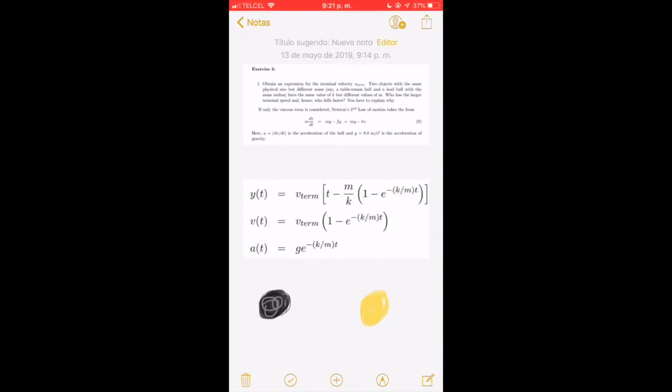So, if we plug values into the formula that the exercise gives us and put, let's say, 100 for the tennis ball and 500 for the lead ball, it will be a much higher terminal velocity for the tennis ball than for the lead ball.